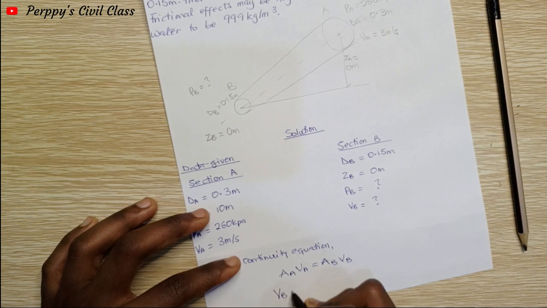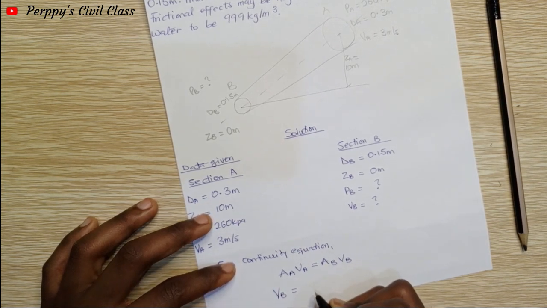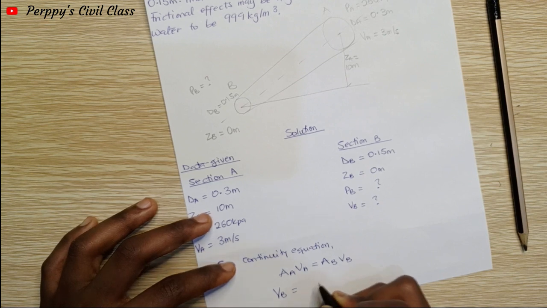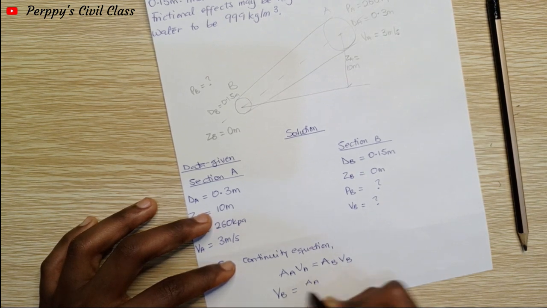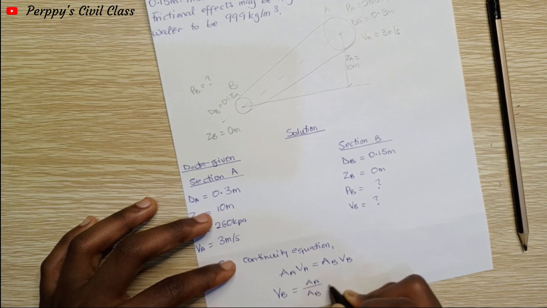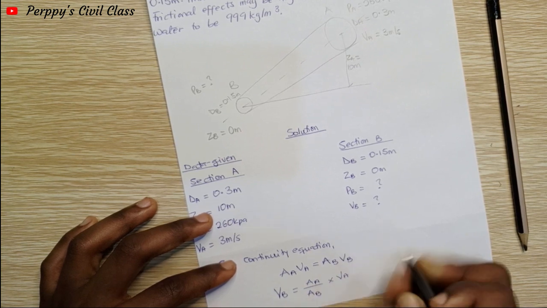Velocity at B is equal to AA, cross-sectional area at A, divided by cross-sectional area at B, multiplied by velocity at A.